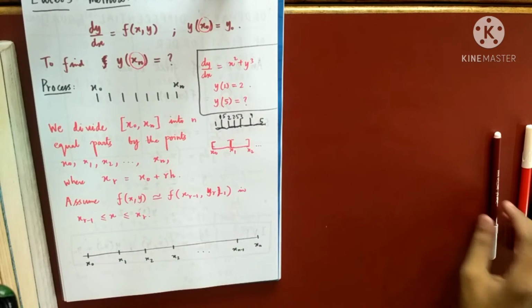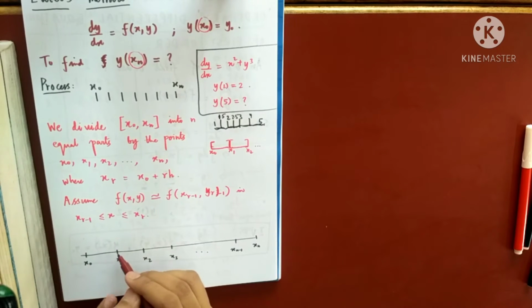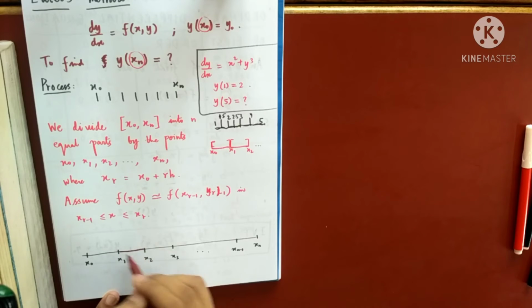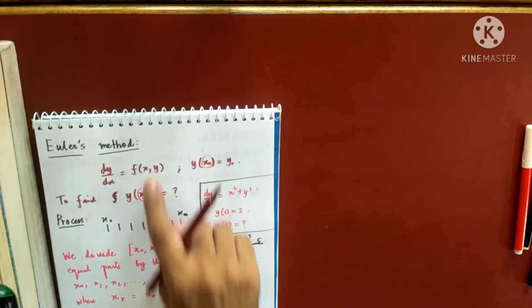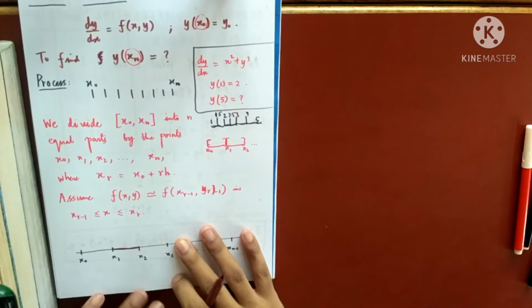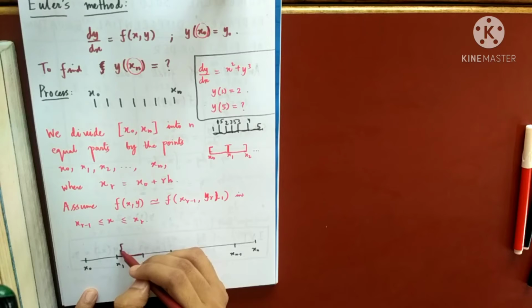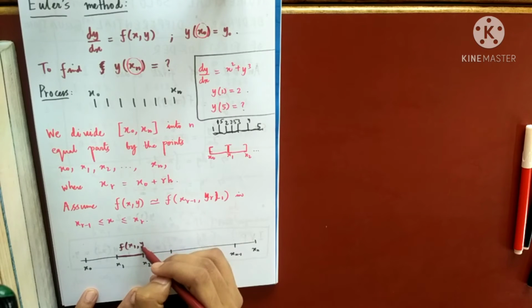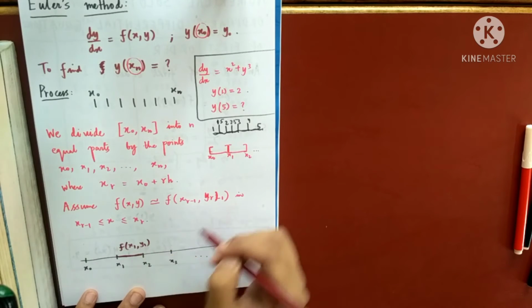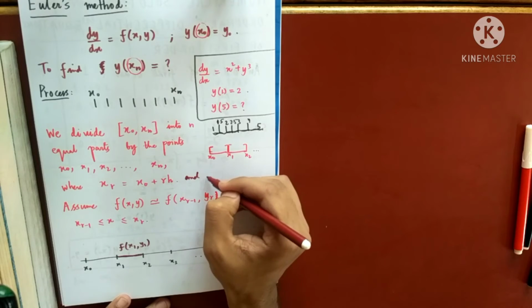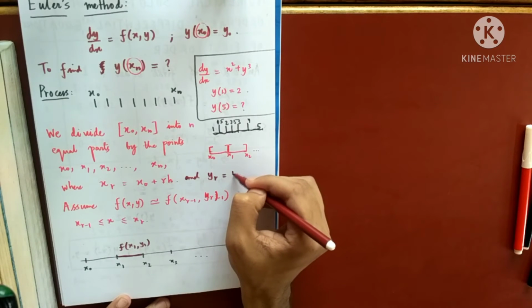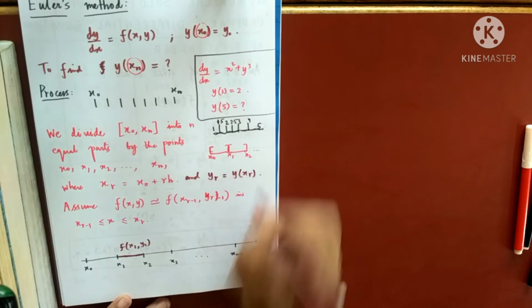So what Euler is doing, in this interval, he assumed the value of this function to be this thing. That means f of x1 comma y1. What is the meaning of y1? Y1 means value of y at the point x1. And yr equals y at xr.